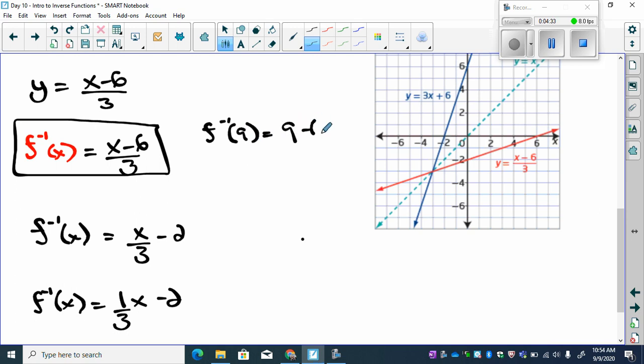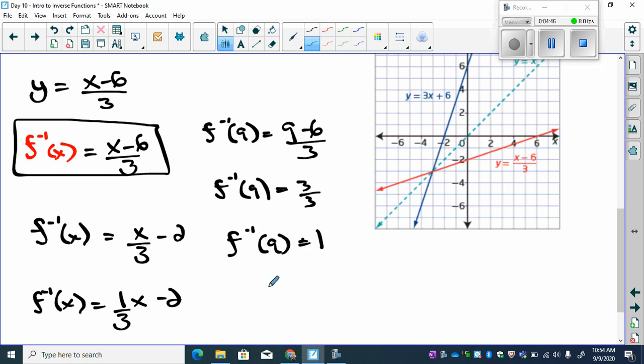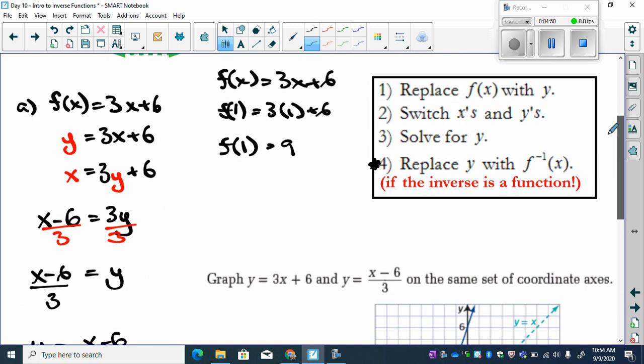So 9 minus 6 over 3, f inverse 9 is going to equal 3 over 3, which is 1. So the point 9 comma 1 is on the inverse, and 1 comma 9 is on the function.